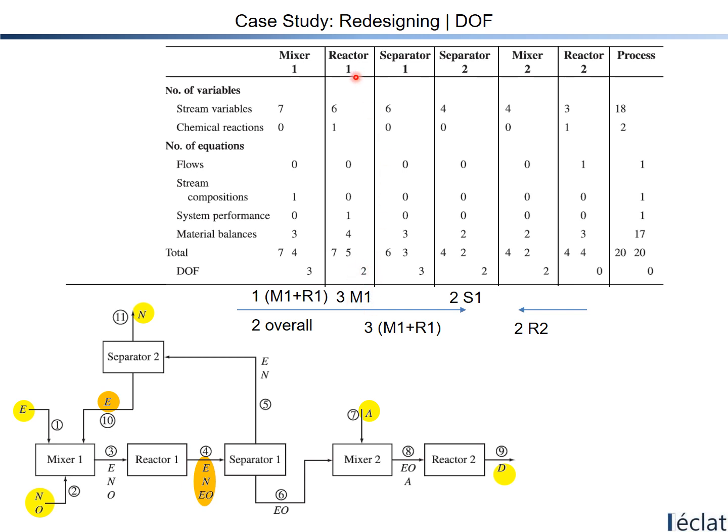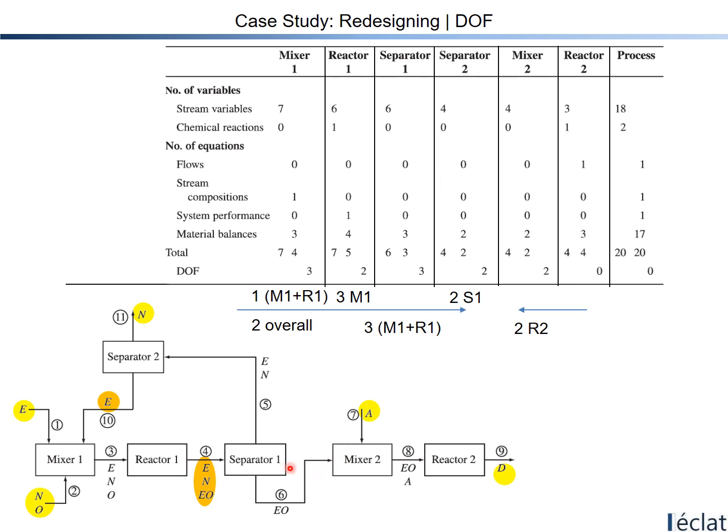Then you could calculate it. Then next one, separator 1. Right now we have 3 additional pieces of information which were calculated from the mixer 1 plus reactor 1 system. Then 3 from mixer 1 plus R1, so 0, then you can solve this problem.